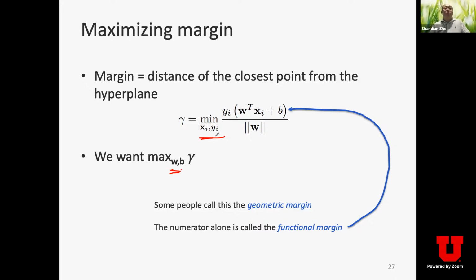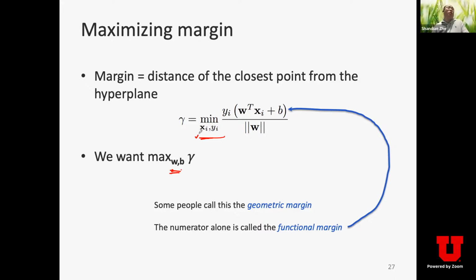In the outer level, W and B are continuous. That means if you do some infinitesimal change, you have to recompute the margin. And the margin itself is computed by some discrete optimization. You have to go through every training example.